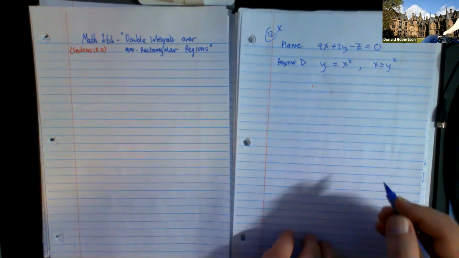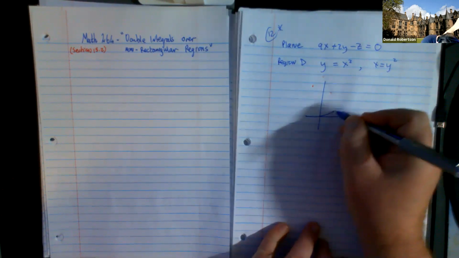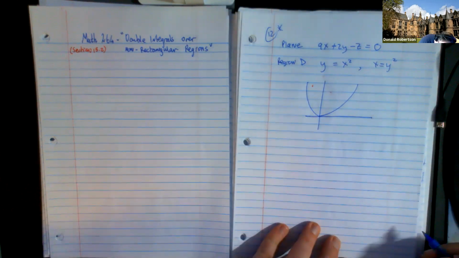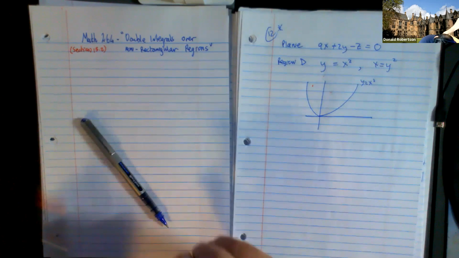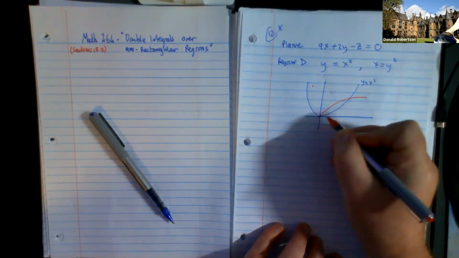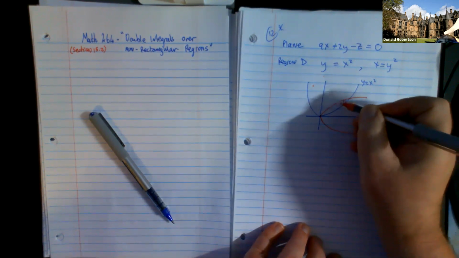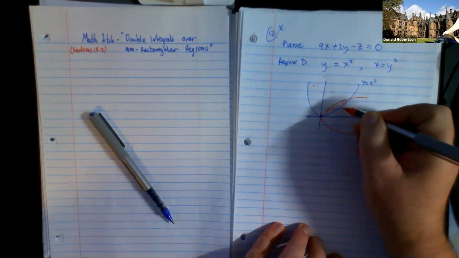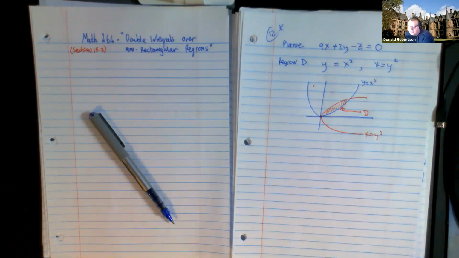Now, sketch it. Probably use Desmos, but I can get away with it. That's what y equals x squared looks like. X equals y squared looks like that. Again, Desmos can do the whole thing. Are we okay with me just pretending I did Desmos and trusting me that that's the shape D?